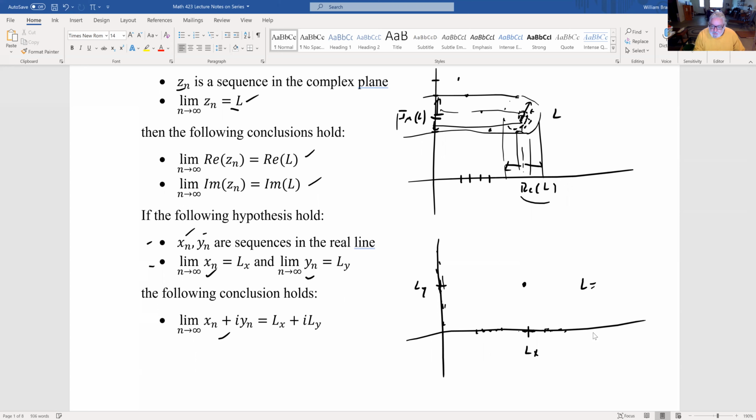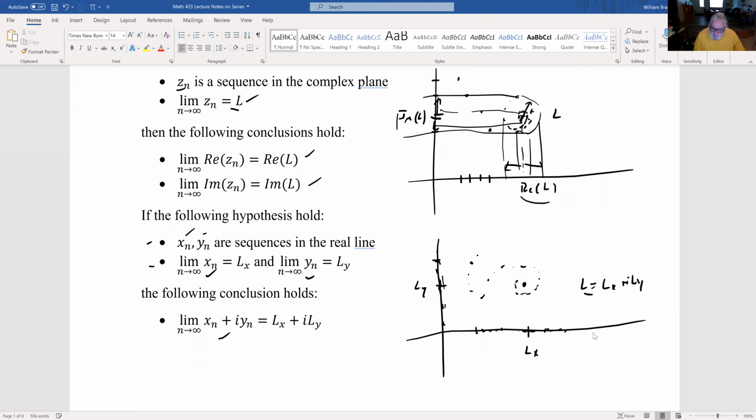So we call L equal to Lx plus i Ly, and then the points that correspond to the sequence have a y sub n and x sub n. Do they converge to L?